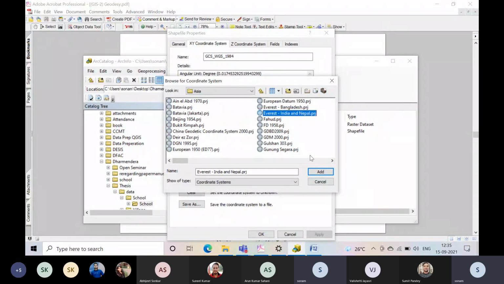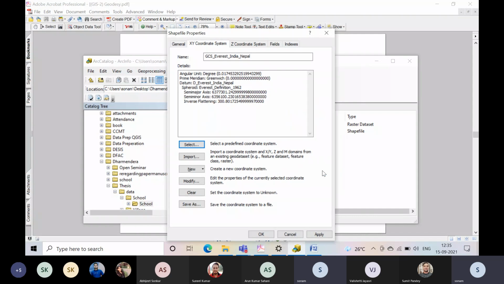I don't know whether the coordinate system Everest, India, and Nepal is coming on your screen or not. I will wait for a while, it will appear. So basically, I am selecting the coordinate system, and as you can see over here, I have gone to geographic coordinate system and then to Asia, and inside Asia there is Everest India Nepal.prj. So this Everest India Nepal is the datum which was earlier used by the Survey of India.